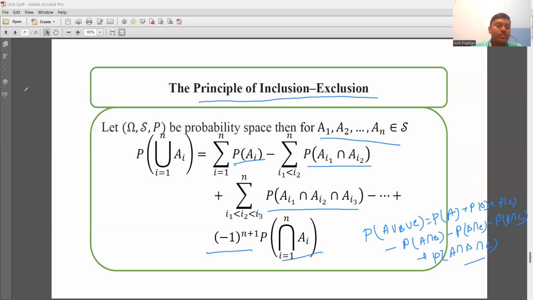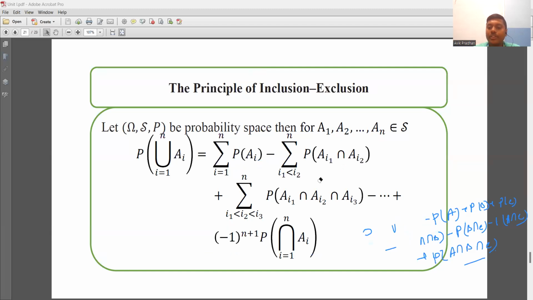Okay, so let us go for an example where we can use this addition rule to find the probability of an event. Let us try to illustrate this by using the following example.